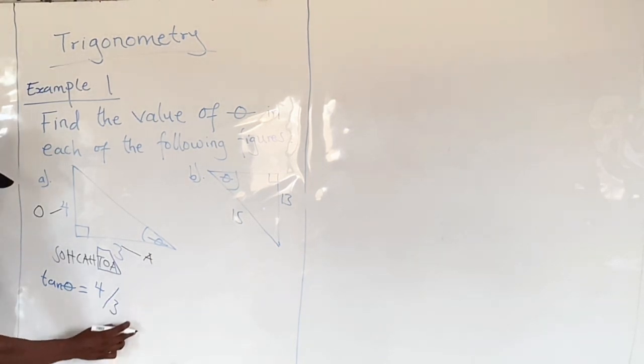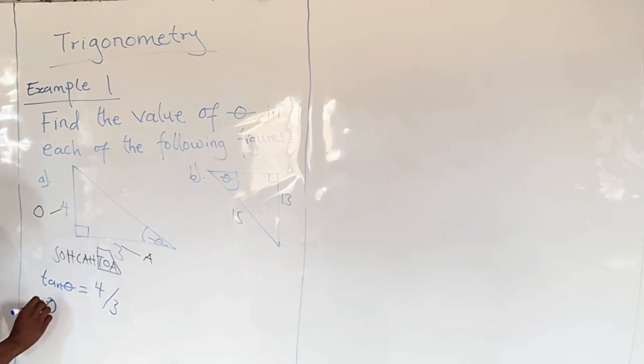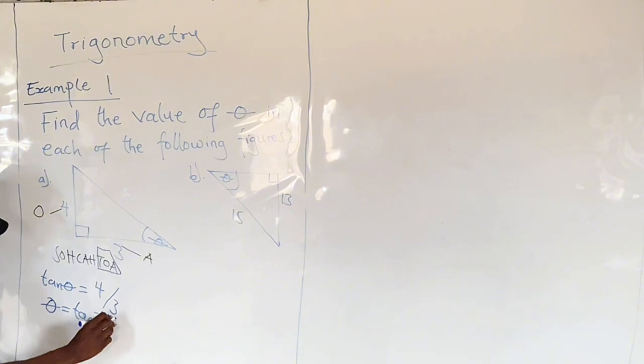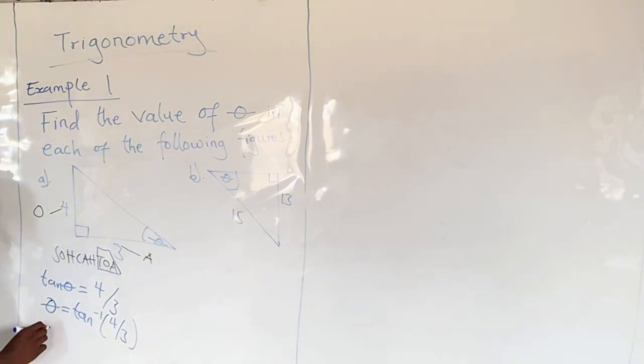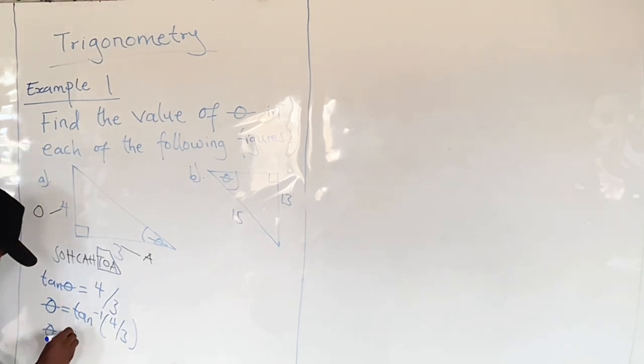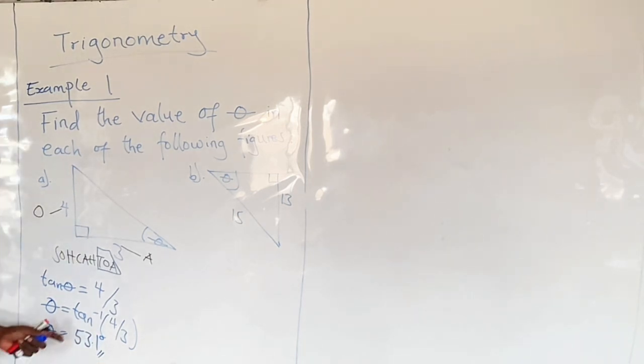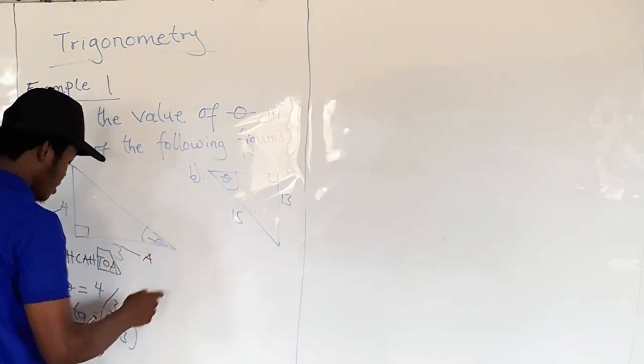Remember that to find the value of the angle theta, we need to find the tan inverse of the trigonometric ratio. Our theta now becomes the tan inverse of 4 over 3. Solving this on the calculator, tan inverse of 4 over 3 is 53.1 degrees. This is the value of the angle theta.